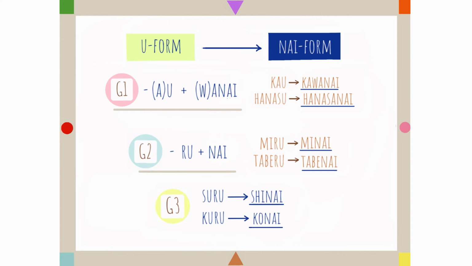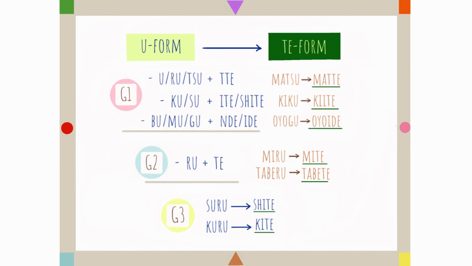And Group 3, please remember each of them. する、しない。来る、来ない。There is no rule for Group 3.